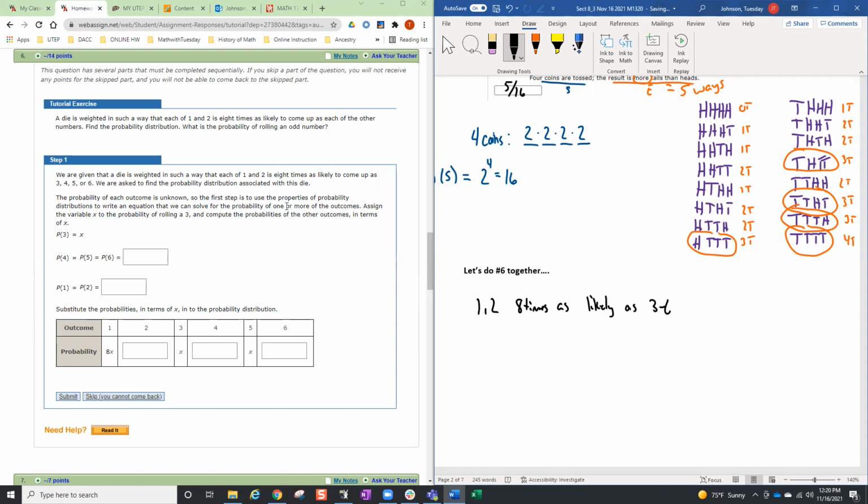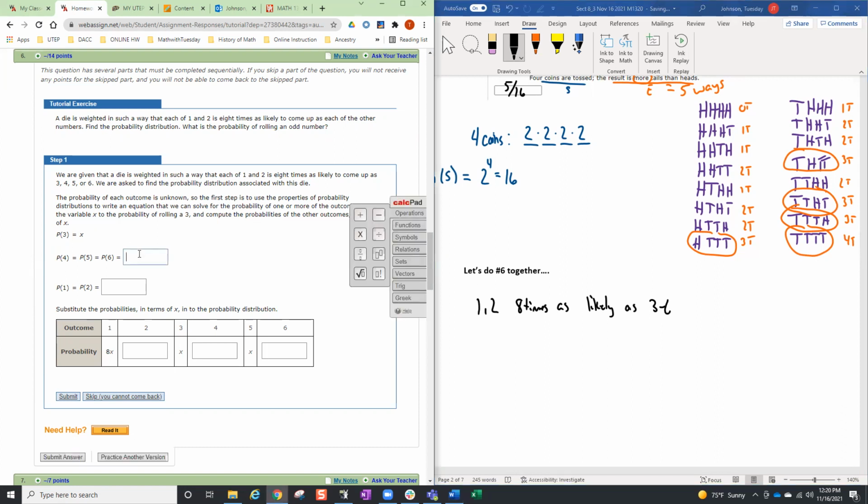So the first step is to use the properties of probability distributions to write an equation that we can solve for the probability of one or more of the outcomes. We're going to let P of 3 be X. But keep in mind, 4, 5, and 6 have the same probability as 3 does. So those will just be X. They're all the same.